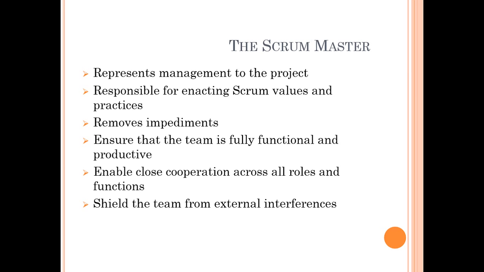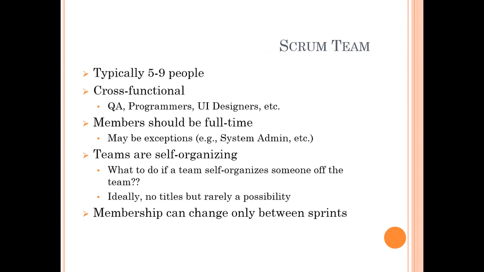And he facilitates all the ceremonies like sprint planning meeting, review meeting, retrospective, and daily scrum. He takes primary responsibility of removing any kind of impediments for the team, and he tries shielding the team from external interference in a development environment.